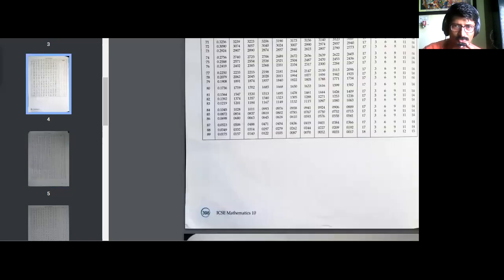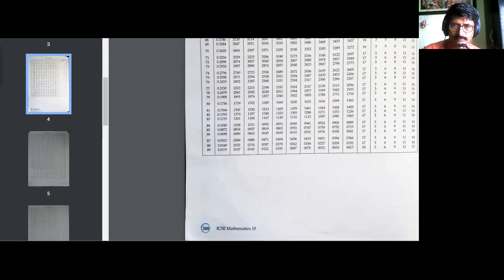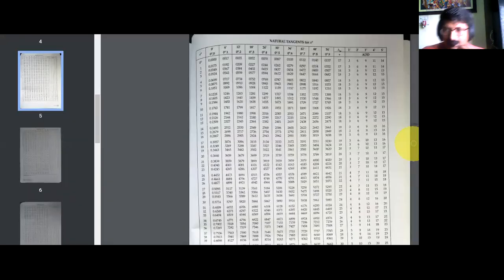You understood how to check. Okay, guys, you can check that out in natural tangents, 38 degrees and 30 minutes. So 30 minutes is over here.